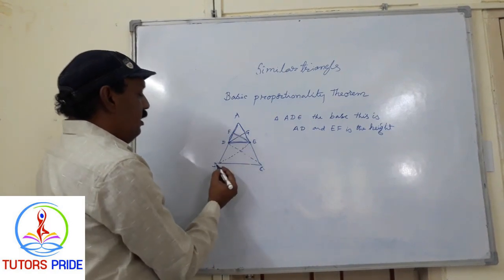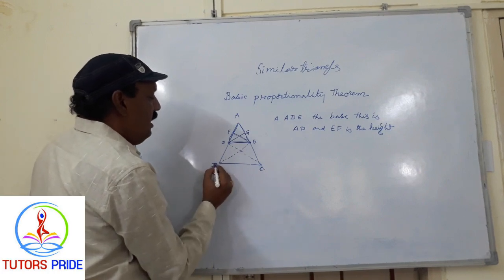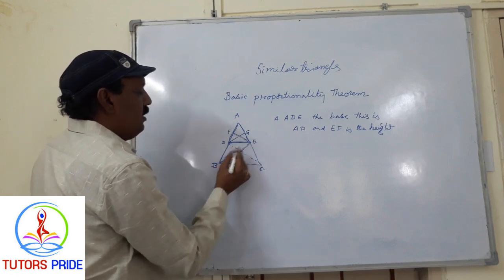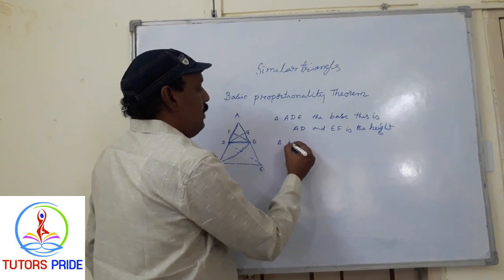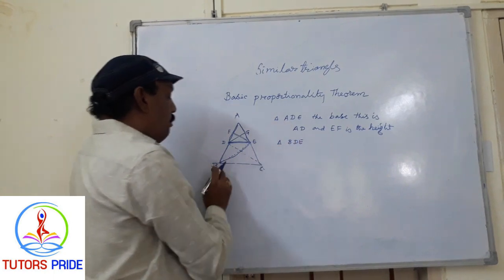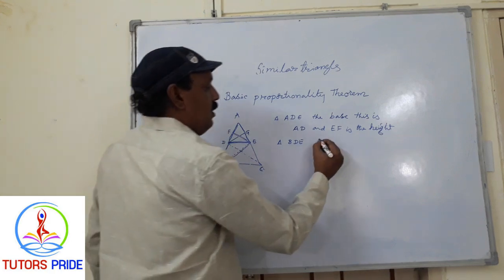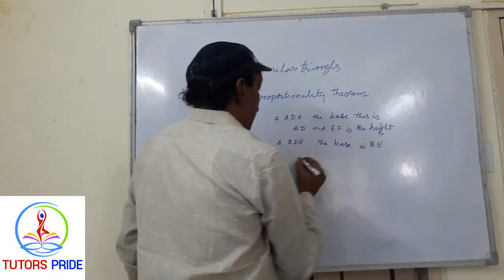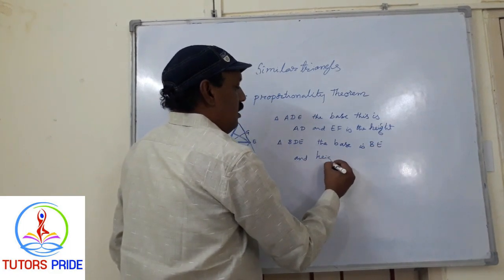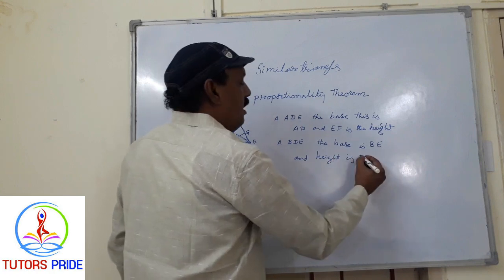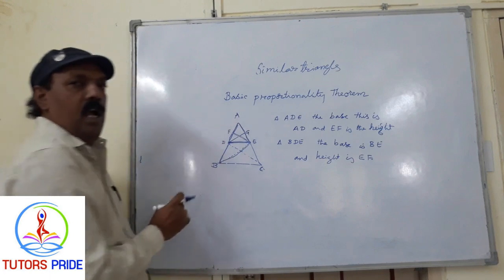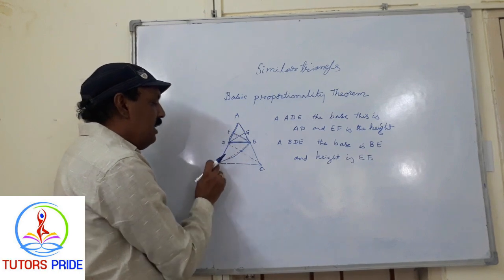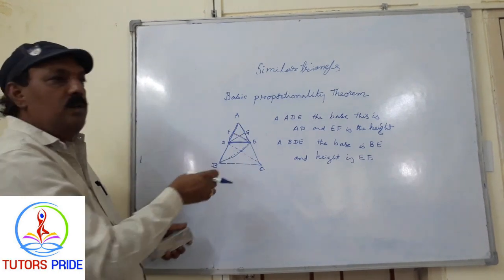So now another triangle, the triangle BDE. In this triangle BDE, the base is BD, and the height is EF. Don't confuse here. In the triangle ADE height EF is there, but in triangle BDE the height EF is not visibly there. How can you consider this EF?